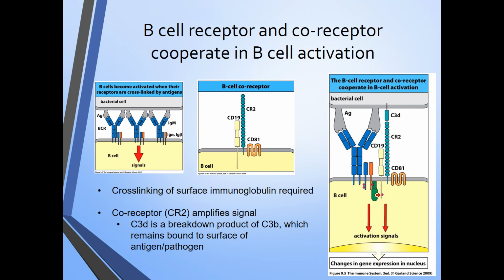So this B cell co-receptor, which has CR2 along with CD19 and CD81, as you can see in that second panel, together with antigen engaging the monomer of the B cell receptor, and the recognition of not only the antigen but the complement degradation product C3d, together is the optimal way to send that first signal to the nucleus for activation to occur.